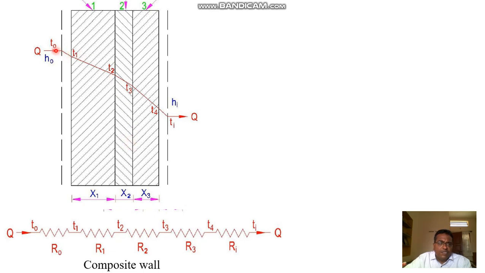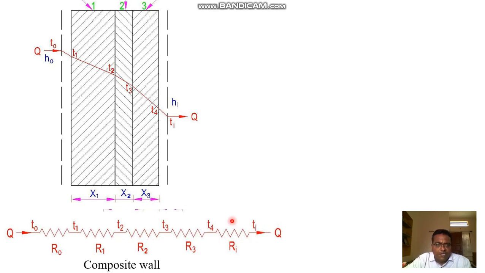From T0 to T1 it is convection, so this is the convective thermal resistance. From T1 to T2, the conductive thermal resistance, that is R1. From T2 to T3, R2. T3 to T4, R3. T4 to Ti, you have Ri. Those are the resistances, separated by T0, T1, T2, T3, T4 and Ti.